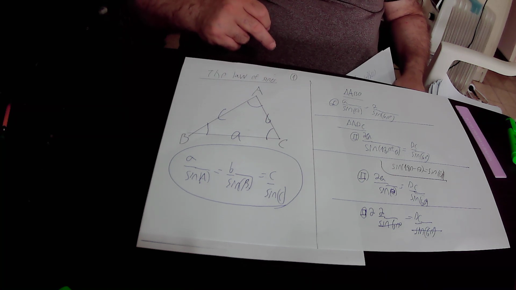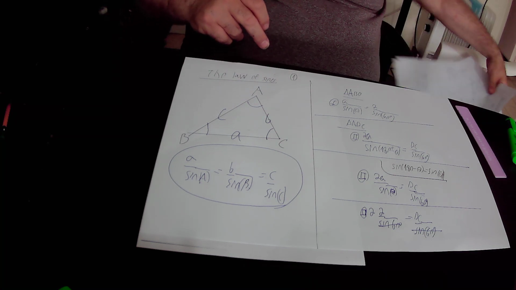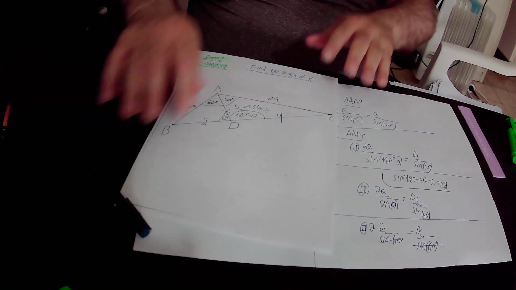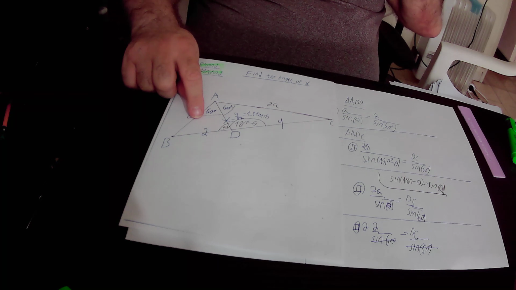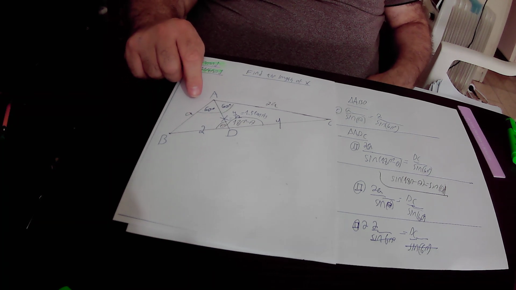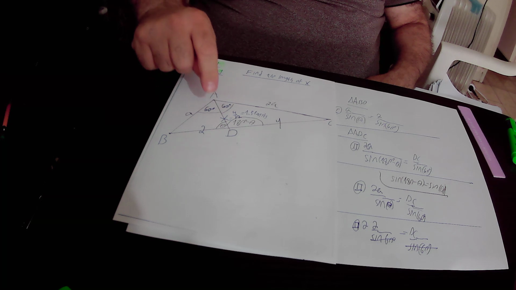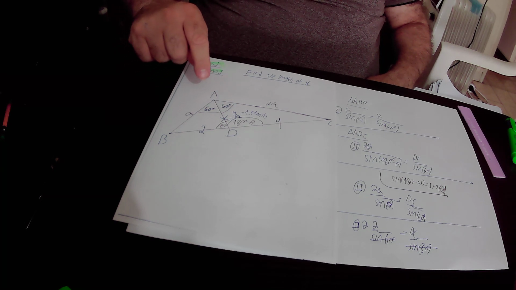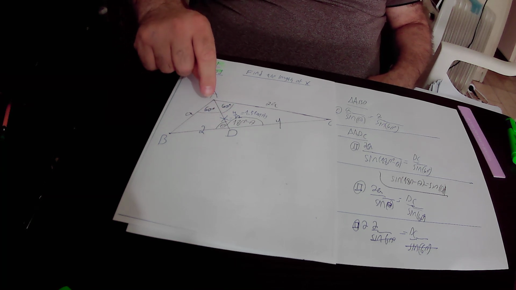We implemented the law of sines in triangle ABD. In this triangle ABD, according to the law of sines, we get that a over sine theta equals 2 over sine 60 degrees.